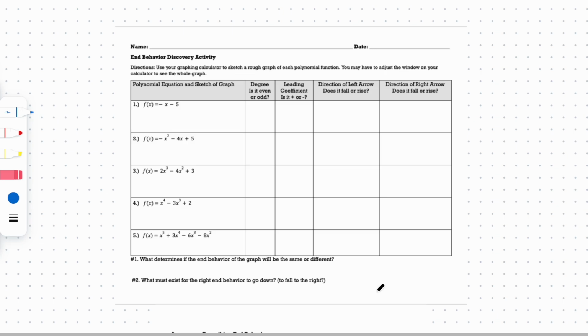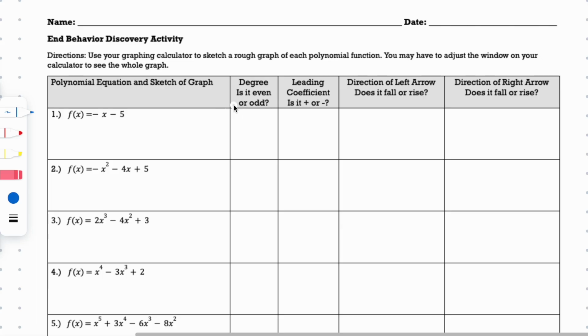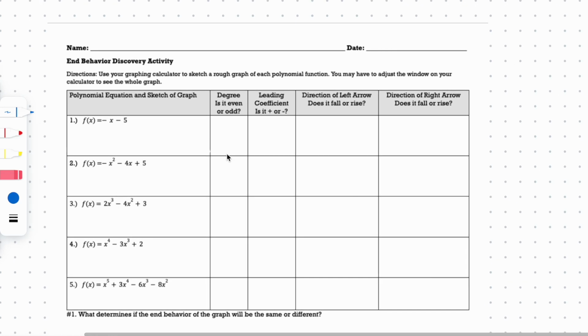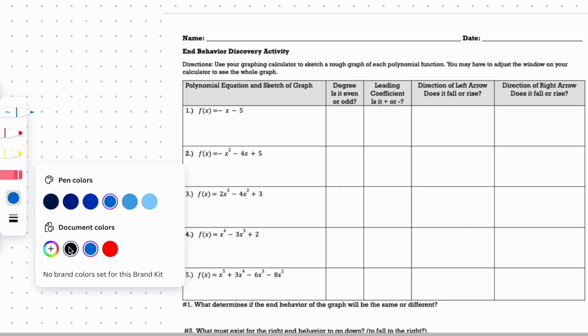Okay, so let's start off. We have this equation in number 1. F of x equals negative x minus 5. I'm just going to graph this to the left real quick. If we were to graph this, it looks something like this.